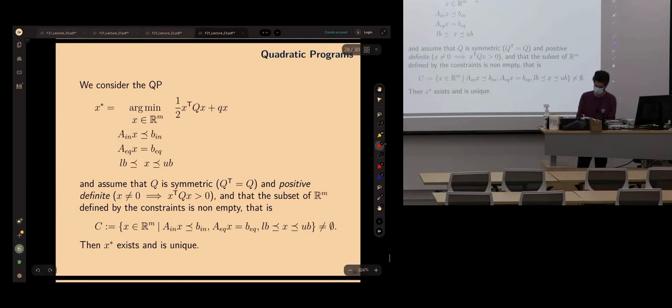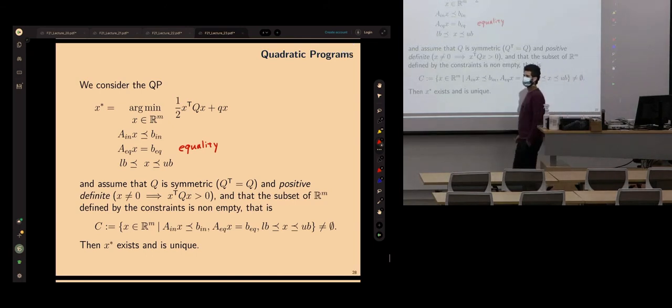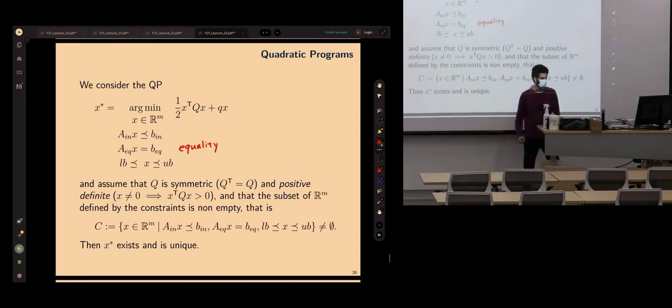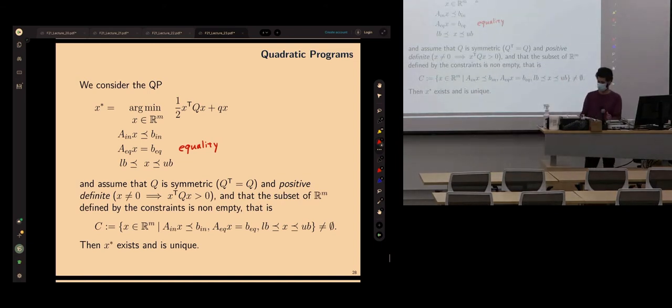You can have equality constraints, right? This is just a linear system of equations. You can have the same linear system of equations, but as an inequality constraint. So you have a matrix A times your vector X. X is your decision variable.